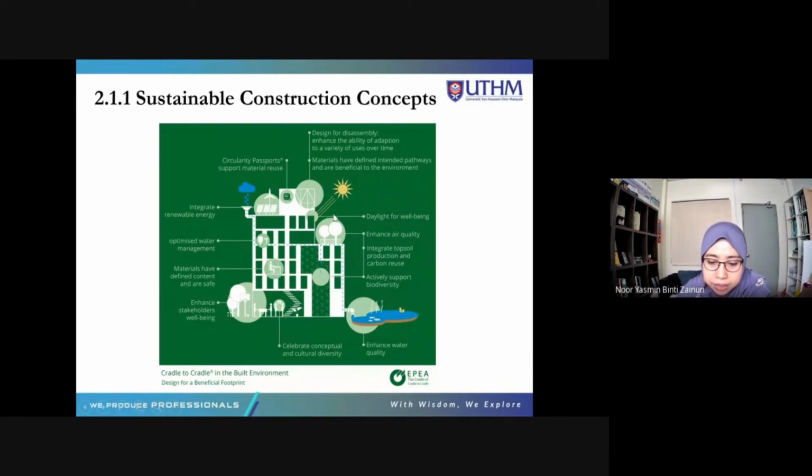Kita ada cahaya matahari, develop for well-being, enhance the air quality, integrate topsoil production and carbon reuse, actively support biodiversity, enhance water quality, celebrate conceptual and cultural diversity, enhance stakeholders' well-being. Materials have defined content and are safe, optimize water management, integrate renewable energy, and also we have a circularity passport to support material reuse, which means everything is recycled back from the cradle to cradle.